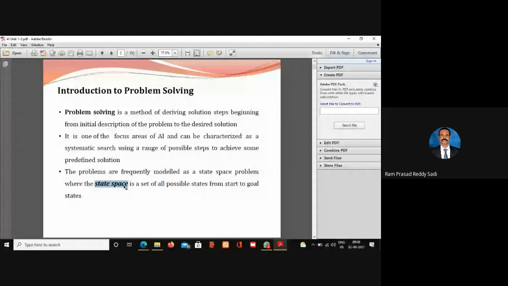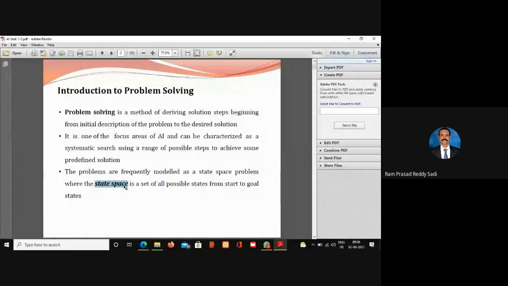Suppose you are playing a chess game, and I hope most of you are aware of how chess is played. If the opponent makes a move, what would be the possible steps that you and the opponent will make? There will be several possibilities.